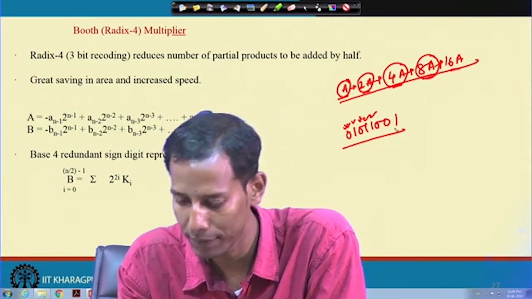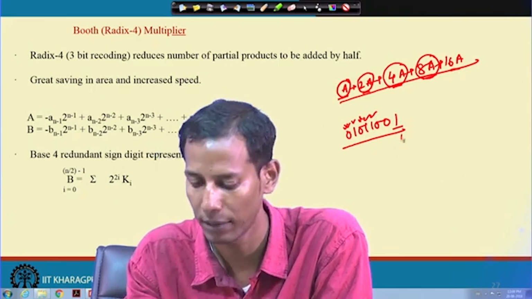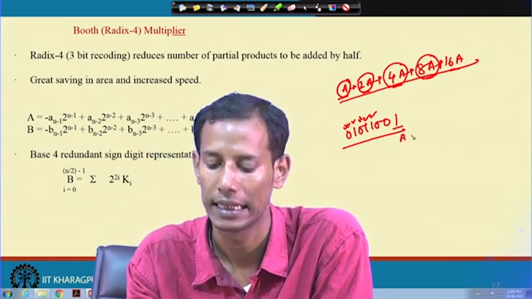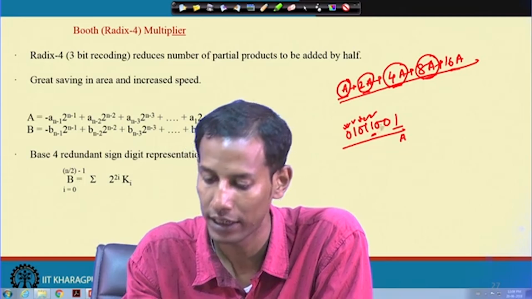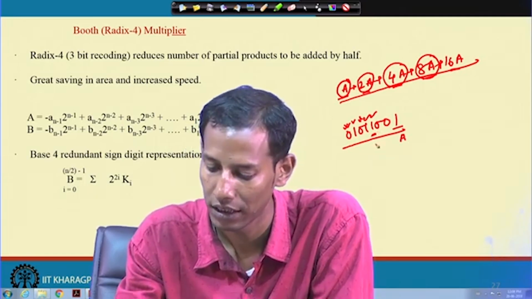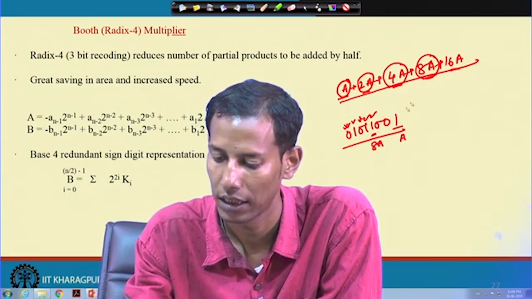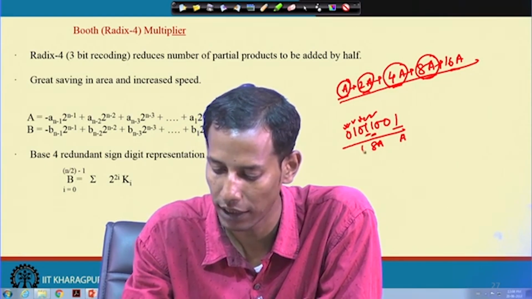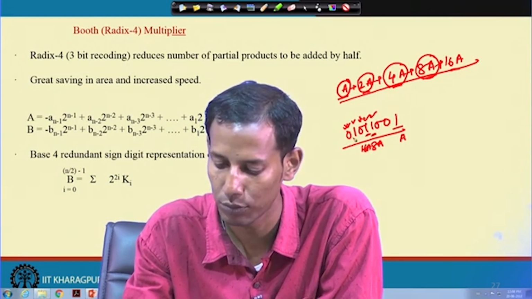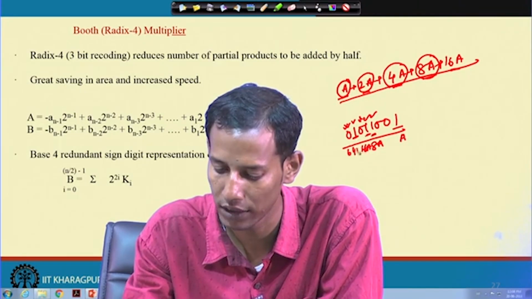Okay. So, if this position is 1, at that time I have to add A. If this position is 1, I have to add 8A. If this position is 1, I have to add 16A. If this position is 1, I have to add 64A.